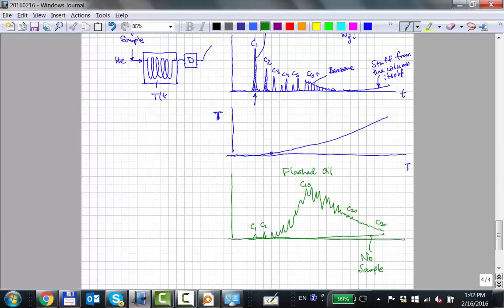Which means that C20 is the area here, not from the zero, but from where this is, because we want to take away the other stuff. It thinks it's C20. So this is called no sample. It's called a baseline.